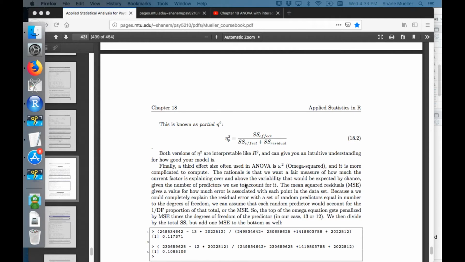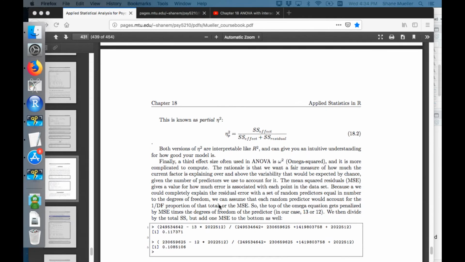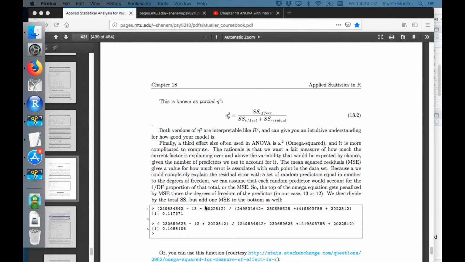A third case is a little different. It's called omega squared, and this is a little more difficult to calculate. What it does is more like the adjusted R squared that you calculate with R squared. You punish the size of the effect based on the number of degrees of freedom.